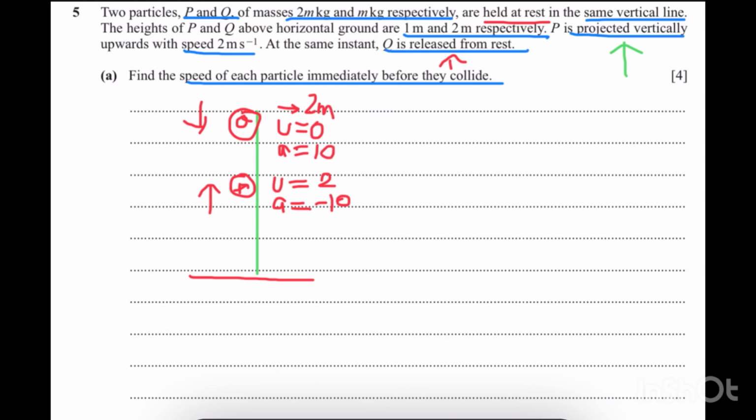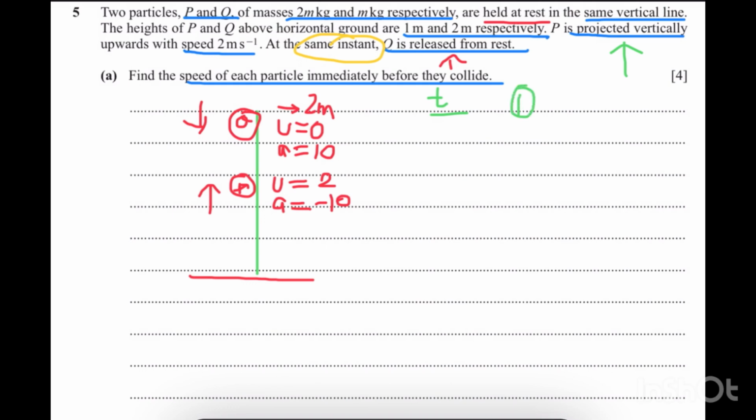Then they have used the keyword at the same instant to indicate that we have to use the same time whenever we use any equation of kinematics. Now in this question we will use those. There are three equations that we use.